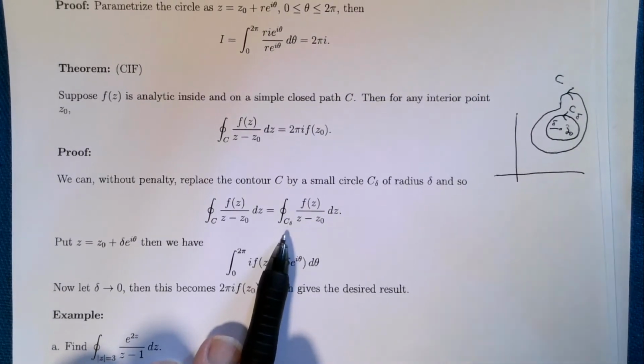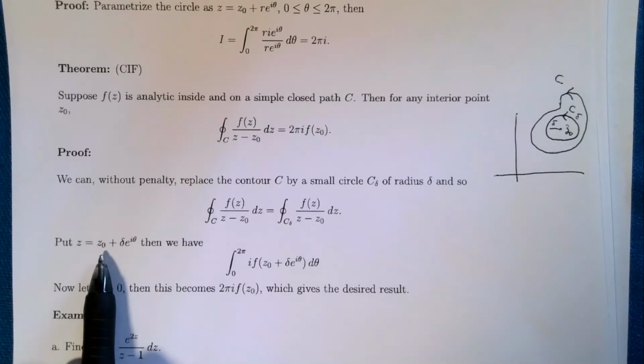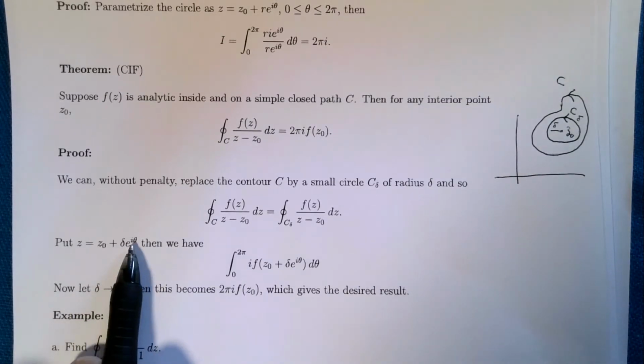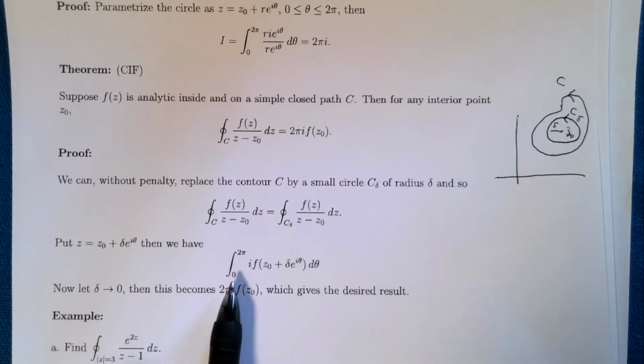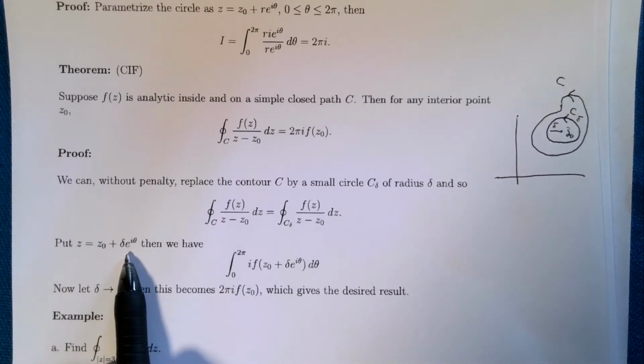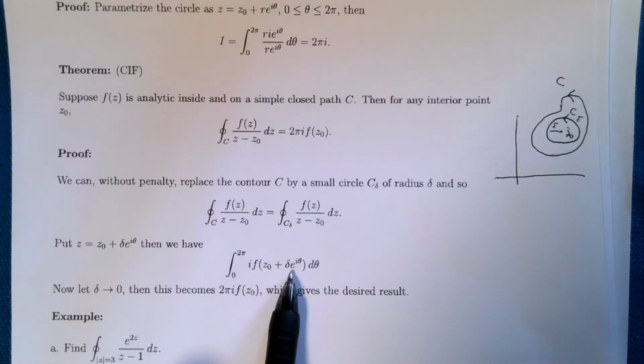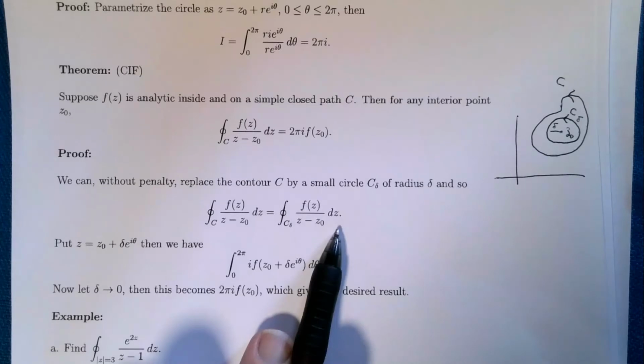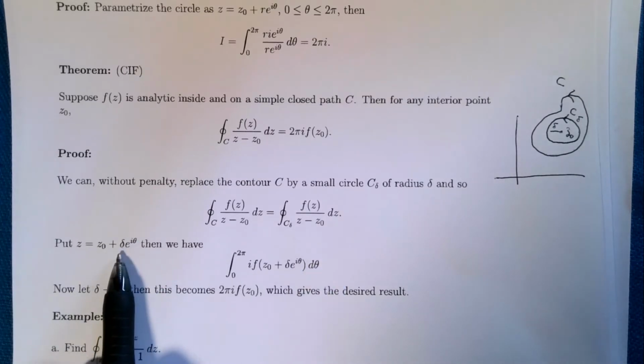Now I'm just going to substitute in z, parameterized as z0 plus delta e to the i theta, where again theta goes from 0 to 2 pi. You do that, and then you get the integral from 0 to 2 pi. You get z minus z0, which is delta e to the i theta. You get f of z0 plus delta e to the i theta. And the dz, as we saw before, is i delta e to the i theta.